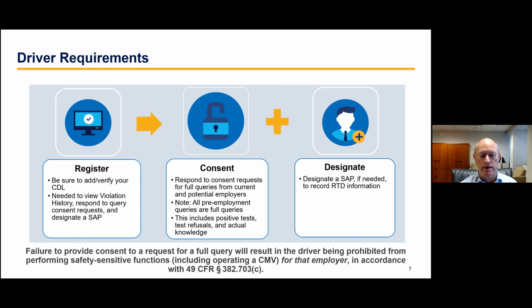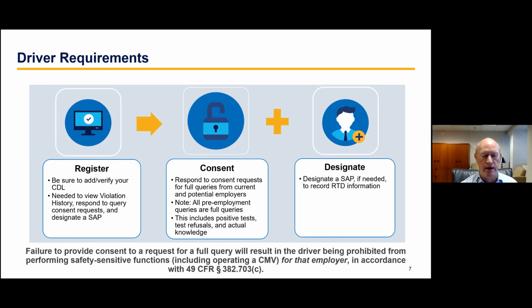Another thing a driver has to do when they register: employers are going to be sending out consent requests, because again, like I said, an employer has to get the driver's consent before you can query the clearinghouse. So a driver needs to respond to those full query requests from an employer, and we'll have a screenshot later on.